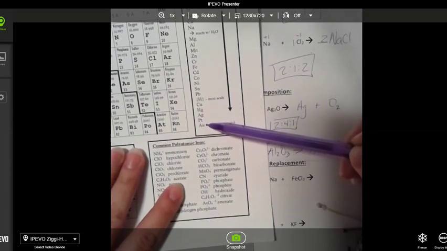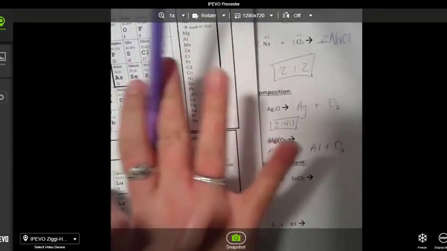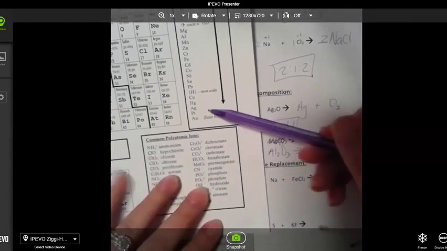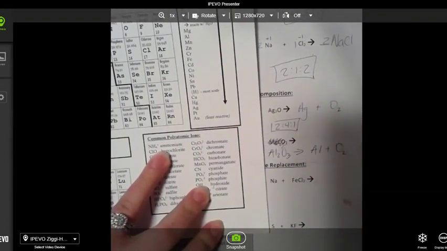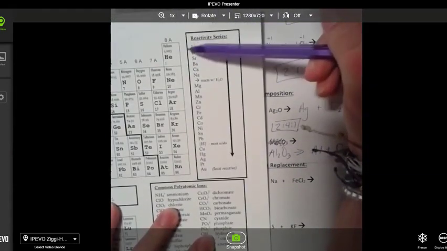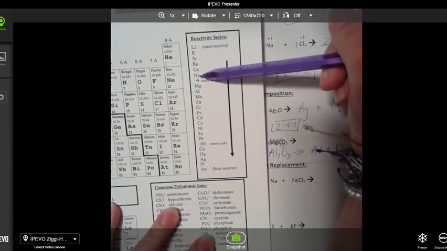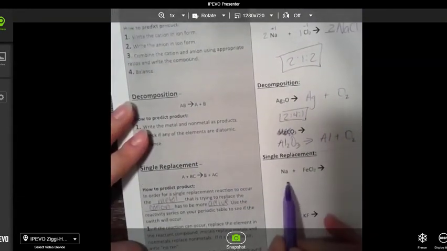We know that they're not very reactive because we make jewelry out of silver and gold. Jewelry that people wear is made out of these metals because they're the least reactive. They're not very likely to react. Whereas jewelry is not made out of lithium, potassium, or sodium, because if you put them in water, they're going to explode.